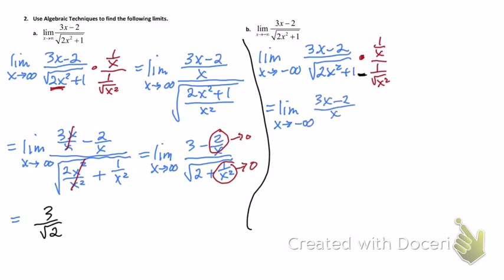I'm getting the same thing I did in the numerators before, but remember, we're going toward negative infinity. So our x values are negative. So the only thing different in between this one and part A is that negative sign out front of our denominator.